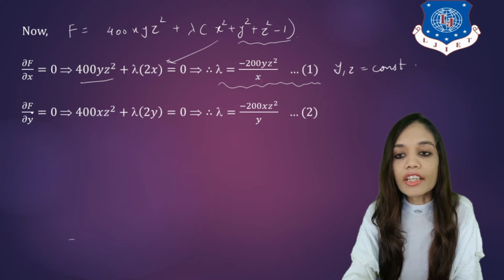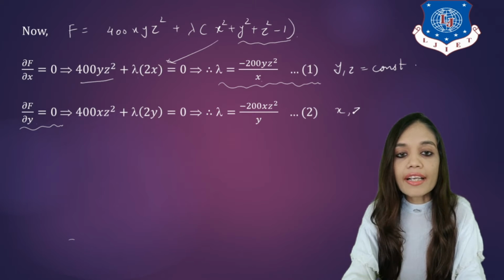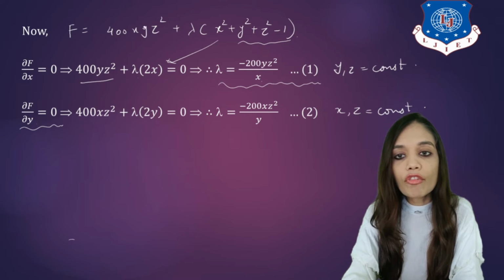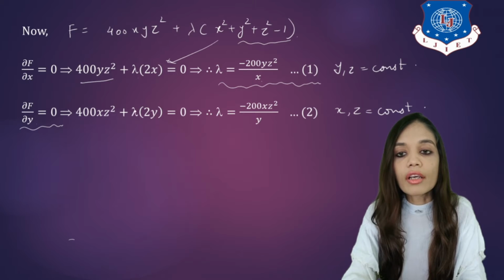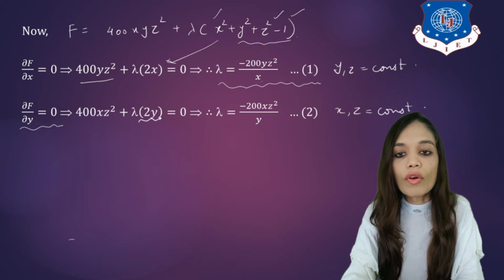Now let us find the derivative of f with respect to y and equate it to 0. Firstly we have to keep x and z as constant. So let us find the derivative. So 400x square will remain as constant and derivative of y will be equal to 1 plus lambda times this. 1, 2 and 3 terms are constant, so derivative will be 0 and just the derivative of y square will be equal to 2y.